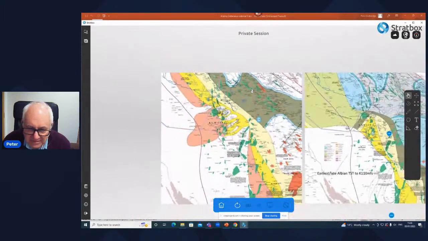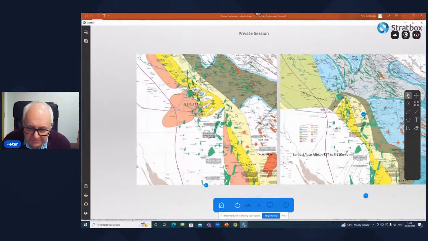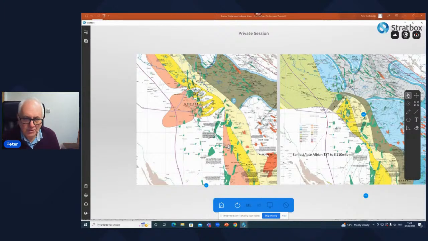So this map represents the low stand of the sedimentary sequence containing the K110 maximum flooding surface. And during low stands, you get incision of the hinterland and progradation of clastic systems into the fringing carbonate area. And this is a series of prodeltaic and shallow marine clastic systems.